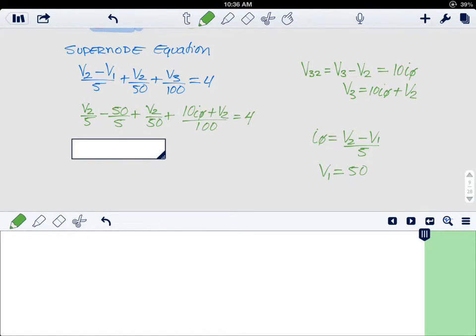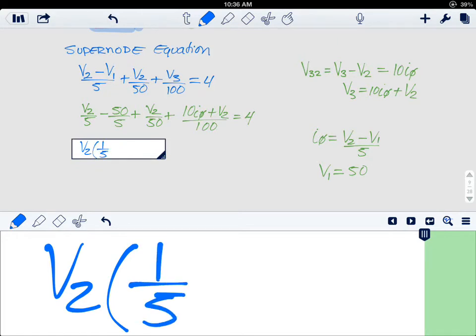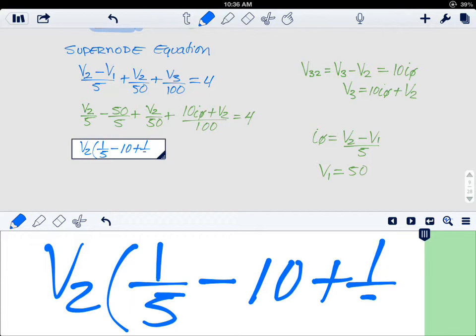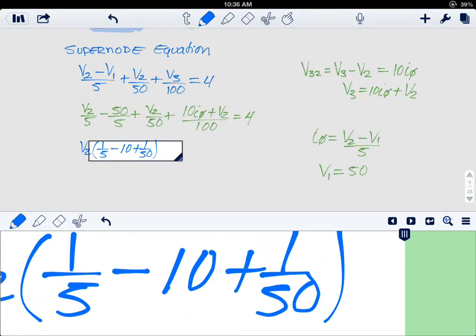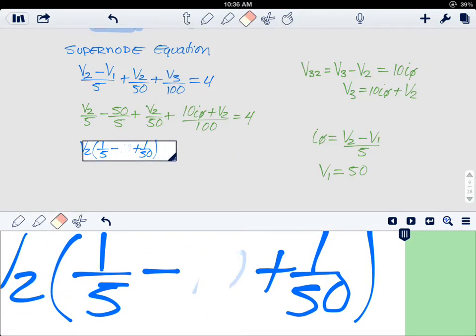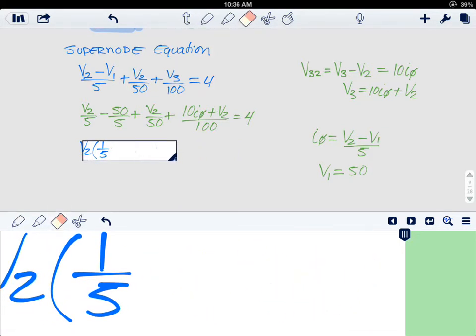Now, voltage 2 times 1 over 5, minus 50 over 5 is 10, plus 1 over 50. Just simplifying. Oh, I'm sorry, 1 over 50.